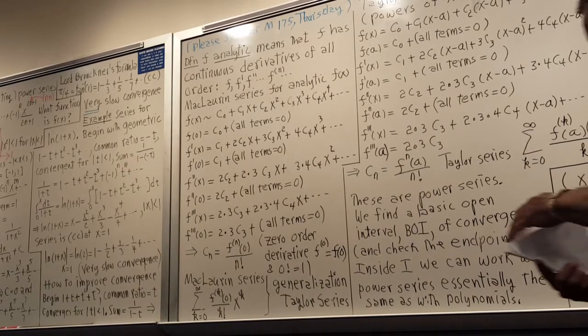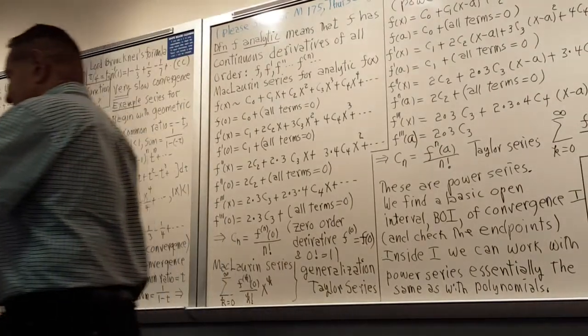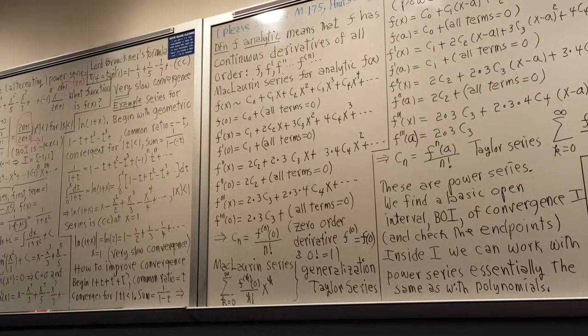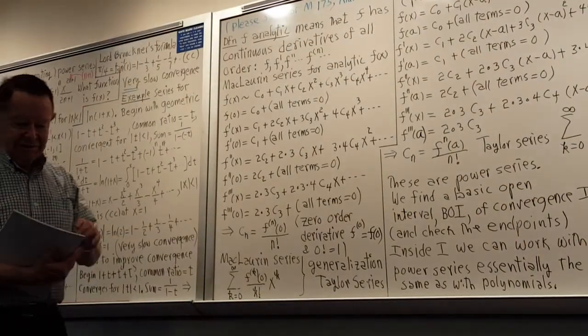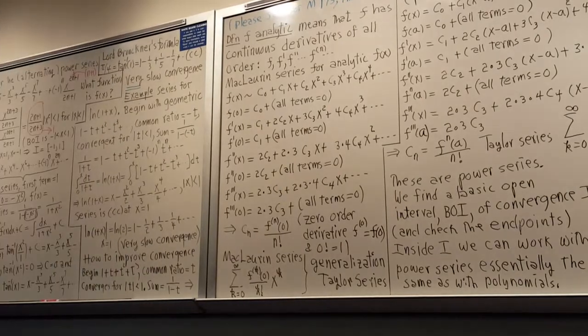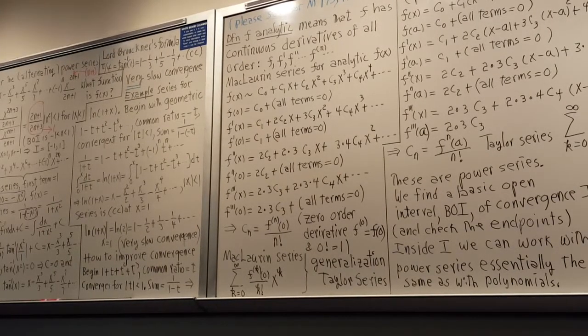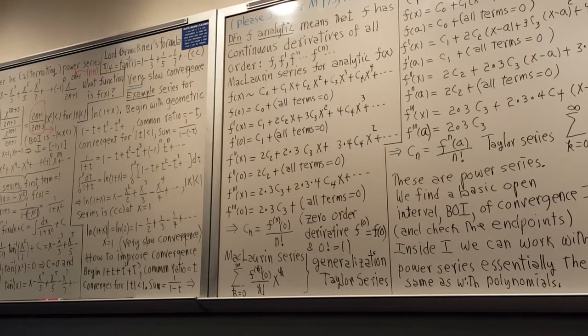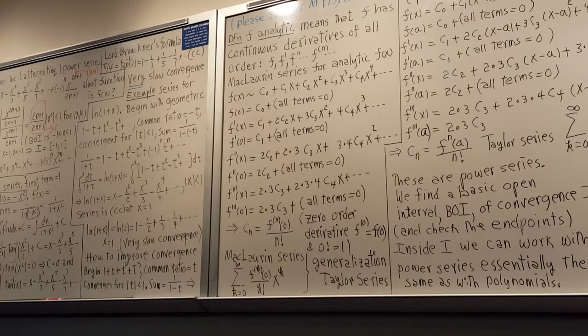What I want to show you with this handout is that trying to compute log 2 this way is very slow convergence. When we were first talking about alternating series, we had this example, and I said it was log 2 without showing you how I knew that.